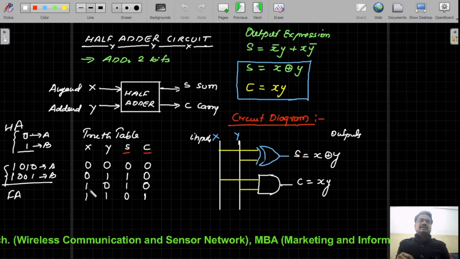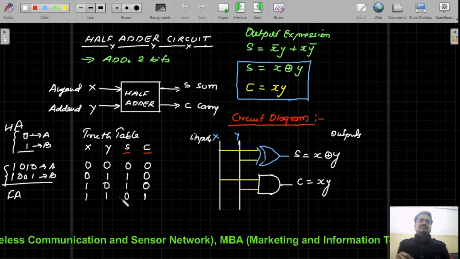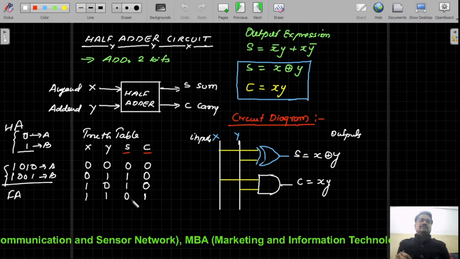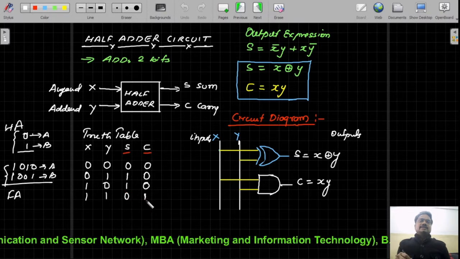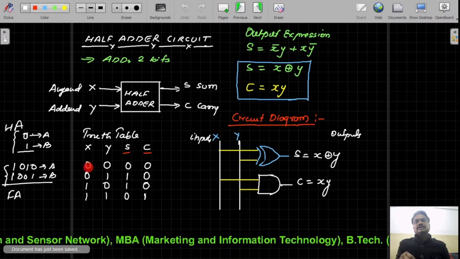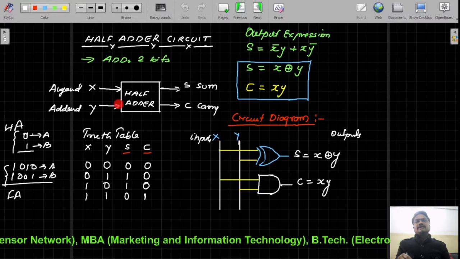Similarly for 1 0, sum is 1 and no carry. And finally for 1 1, the addition is 2, so at the unit position you will get 0 and you will get 1 carry at the output. So this truth table completely characterizes the half adder circuit.